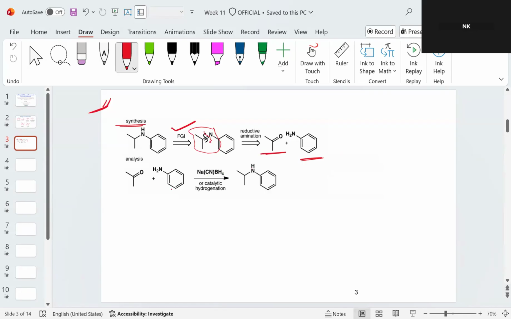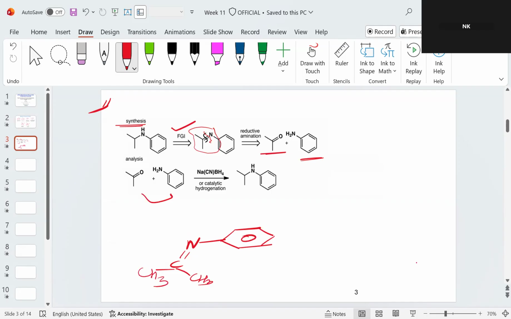So the retrosynthesis of this material involves the functional group interconversion and the disconnection. Now if you look at the linear synthesis, you can clearly see from this example. The first step is between this ketone and the amine. If you treat the amine with the ketone, it will form the imine, so it will be this N double bond C, and these two groups here have the spiro ring attached.